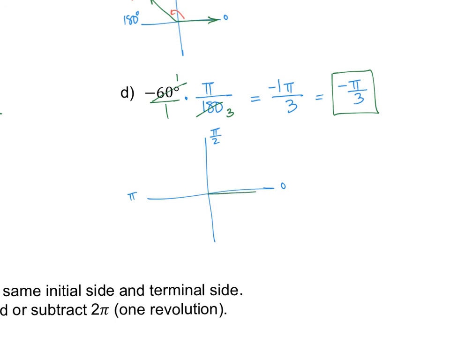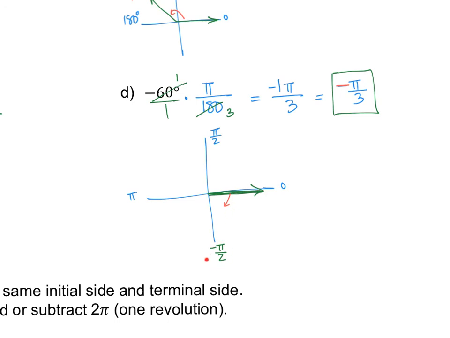So let's draw our initial angle here at 0. And so instead of going this way, we need to go the other way, the clockwise position, because it's a negative pi over 3. So if I look at this, here would represent negative pi over 2 because we're moving in the clockwise position.